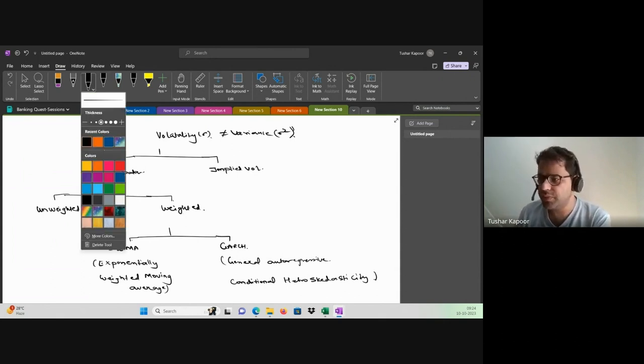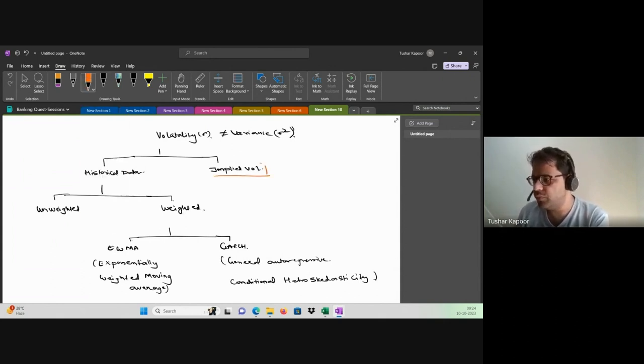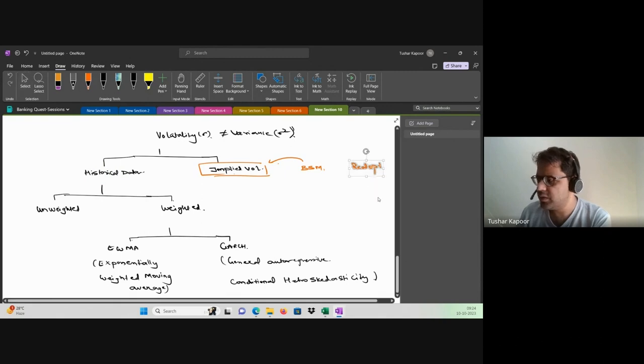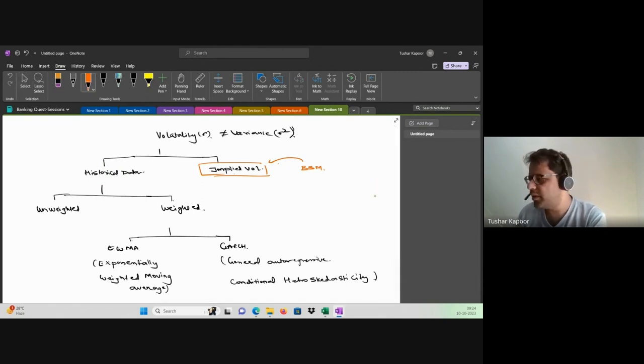Just for revision purposes, how is implied volatility coming into the picture? It is basically coming from the reverse calculation of the prices of the options, the current market prices for options.